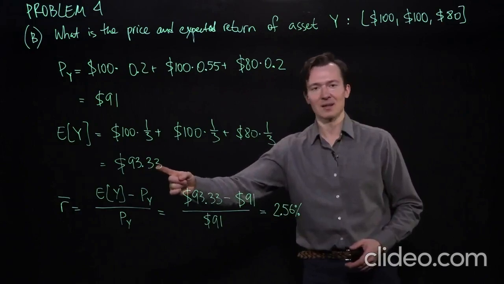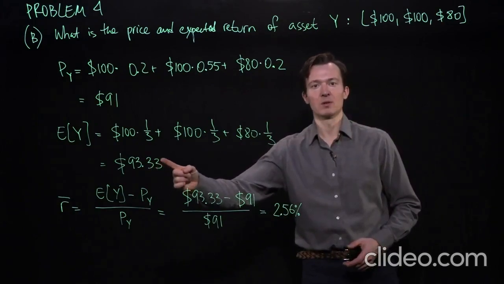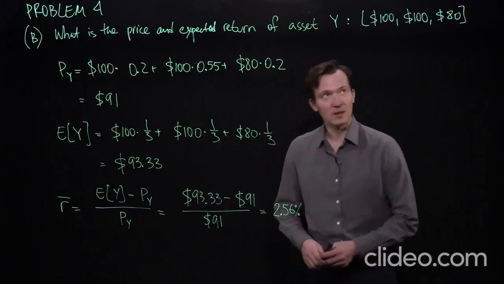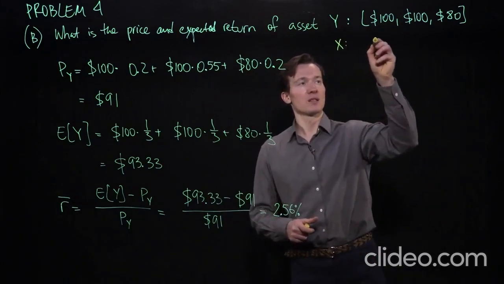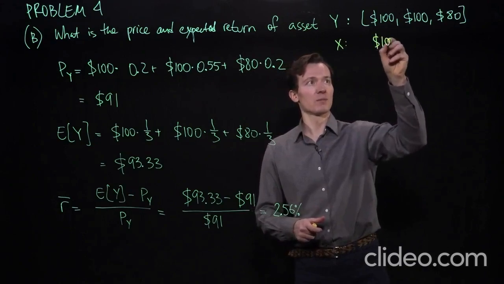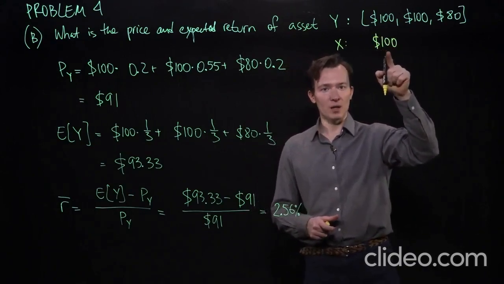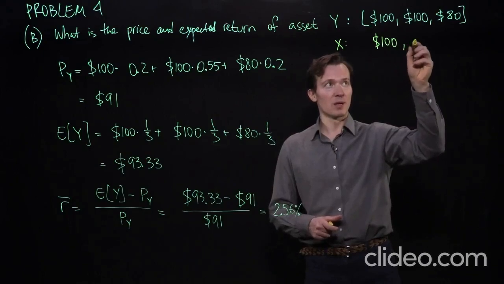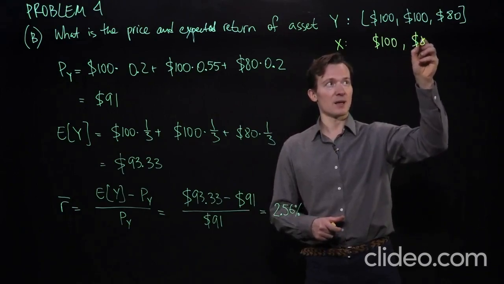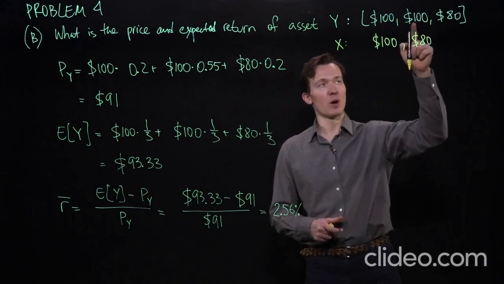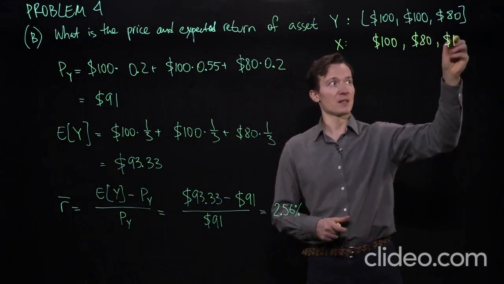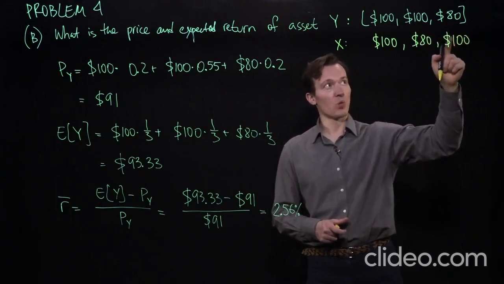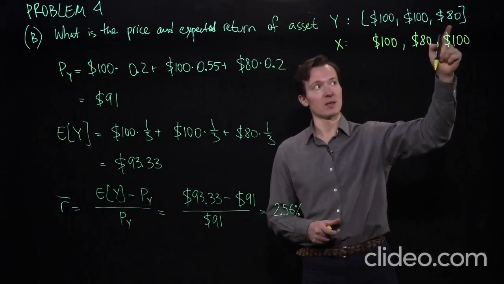Now notice that the expected payoff on asset Y, $93.33, is exactly the same as the payoff that we computed on asset X in part A. This is due to the fact that the payoffs from assets X and Y are similar in the sense that both of them give us $100 in the first state, but in the second state, asset X pays off $80 while Y pays off $100, and in the third state, asset X pays off $100 while Y pays off $80.